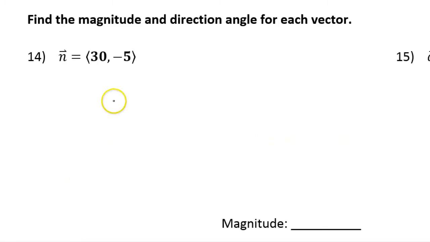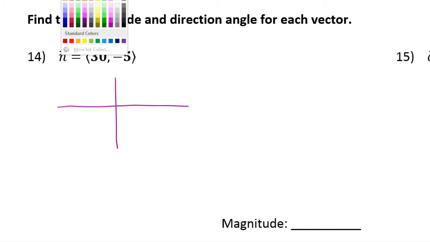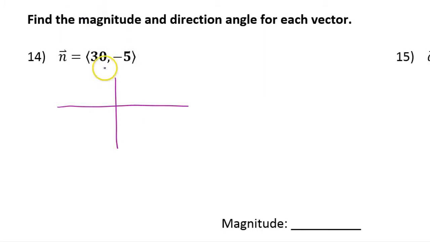Alright, so in number 14 we are to find the magnitude and the direction of this vector. I choose to draw my sketch in standard position, so I will need coordinate axes. So my vector n is supposed to go to the right 30 and down 5.